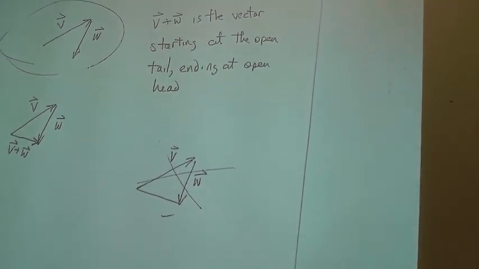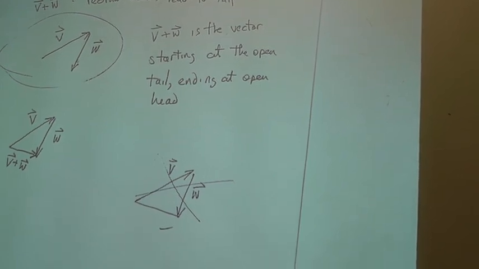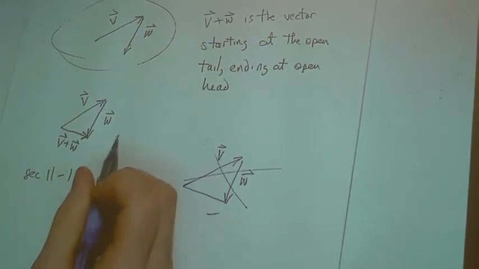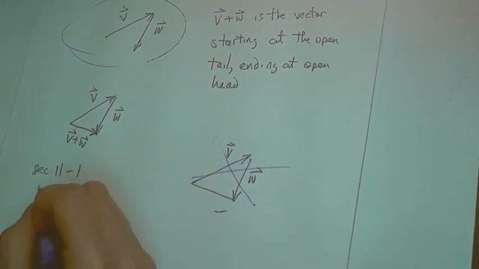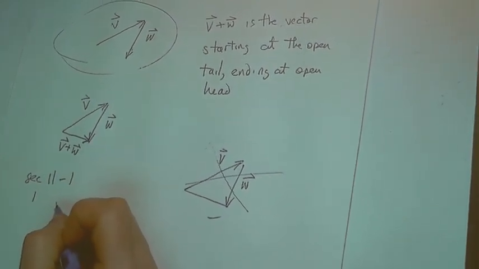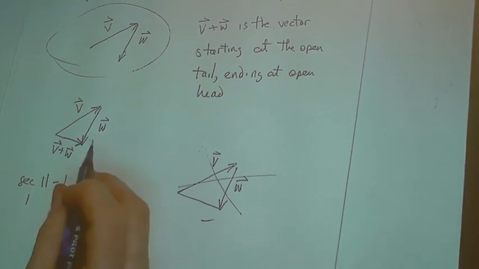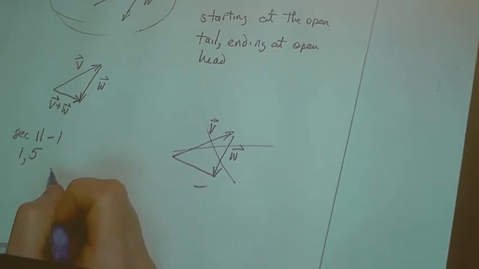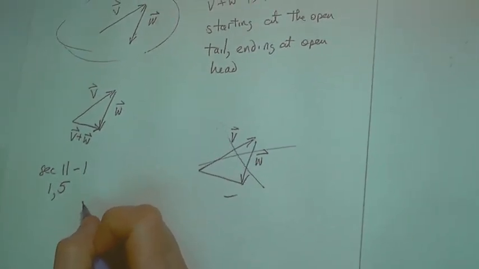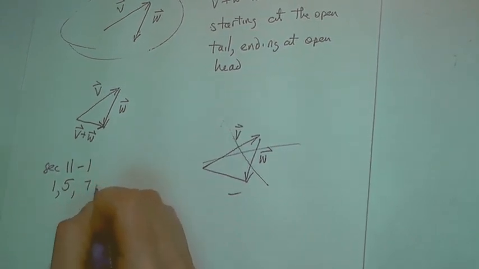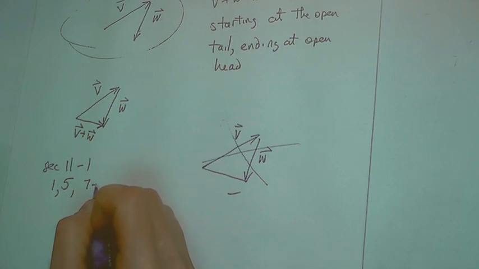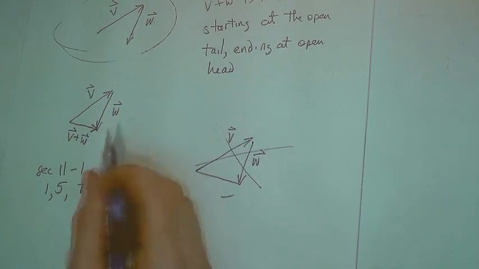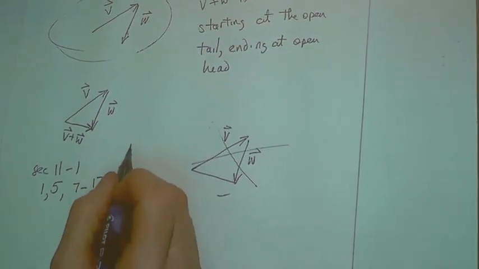Okay, I'm going to have to post homework up on the website, but in section 11.1, 1, 5, and then 7 through 17 odd.